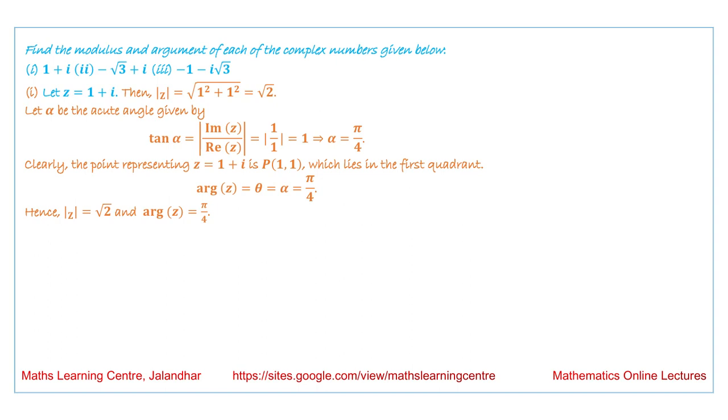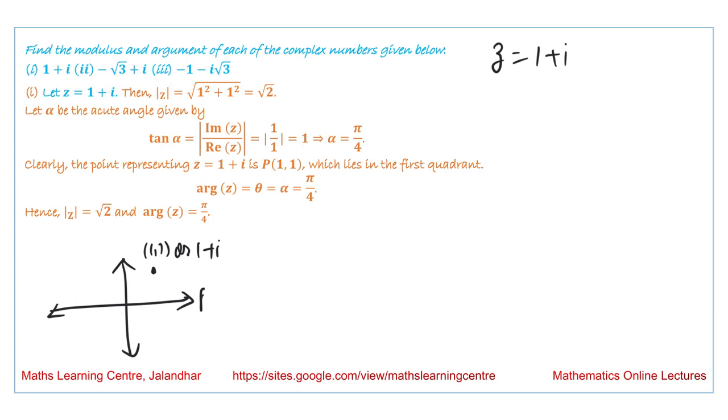Next we have to find the modulus and argument of each of the complex numbers given below. The first number that is given to us is z is equal to 1 plus iota. First we try to find it graphically. This number will be somewhere over here, corresponding to (1, 1), or we write it as 1 plus iota. This is the real axis, this is the imaginary axis, and this point is 0.